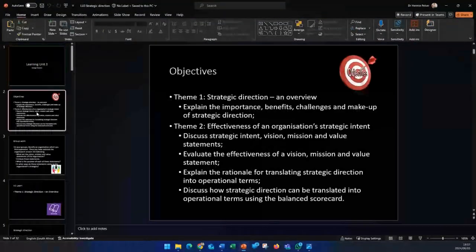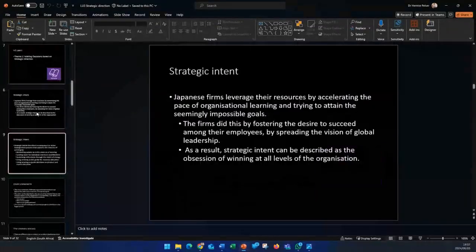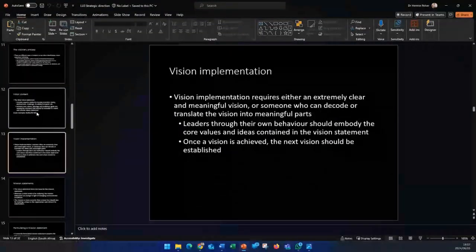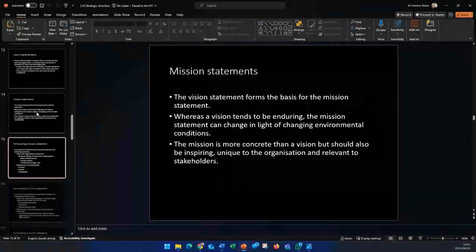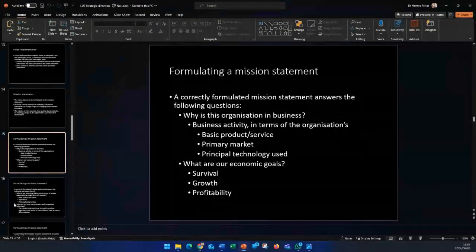If we look at the mission statement here, we've also seen in the past where they've asked the difference between a vision and strategic intent, but this tends to be the default question. So the questions are: why is an organization in business? Tell us what product or service, the market they're aiming for, and the tech that they use, if that is important. If you're online, what tech do you use?